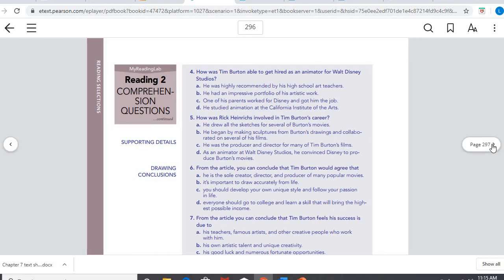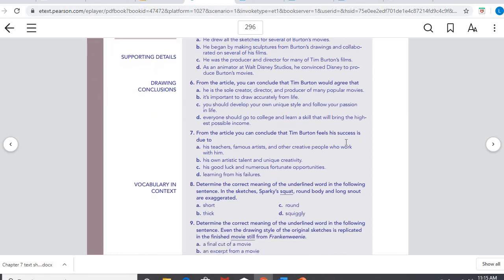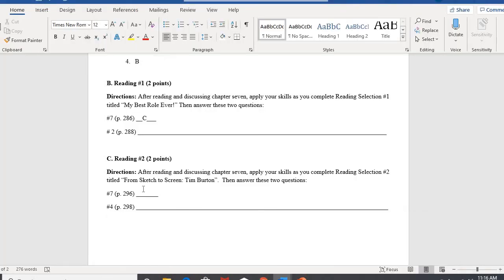We are then going to go right to number 7. It's going to go on your text sheet. From the article, you can conclude that Tim Burton feels his success is due to, and then I'm going to have you fill out number 7, page 296. You thought I was going to give you the answer, didn't you? So go ahead and answer number 7 on page 296.